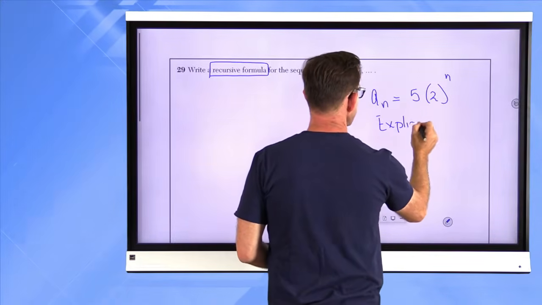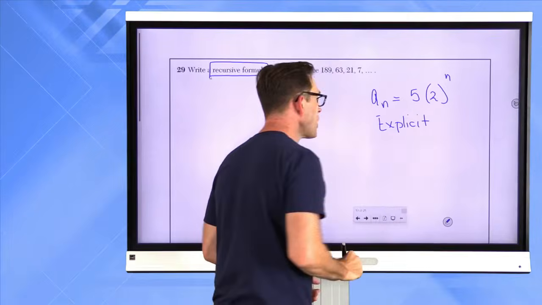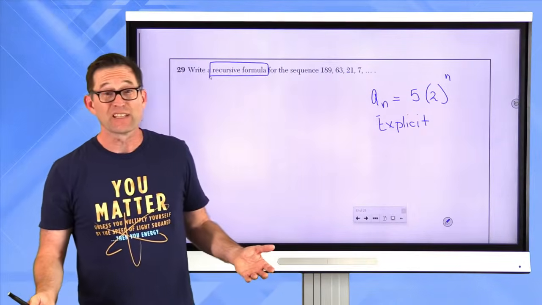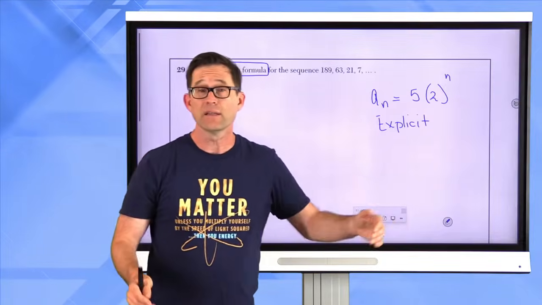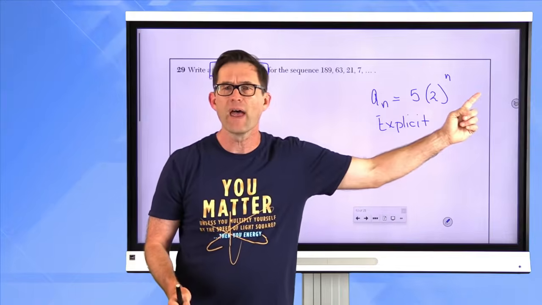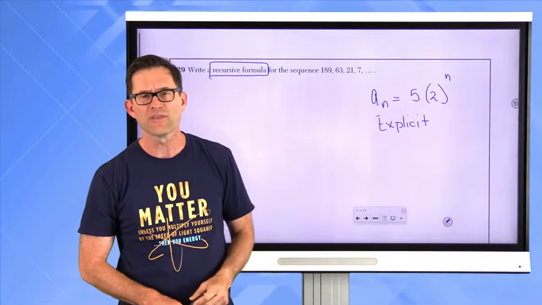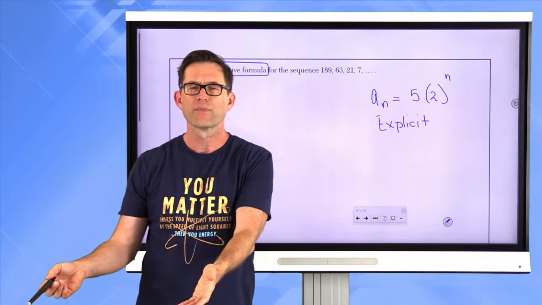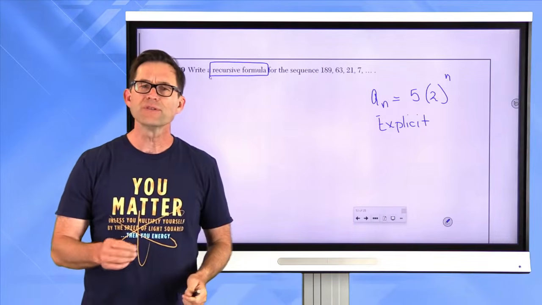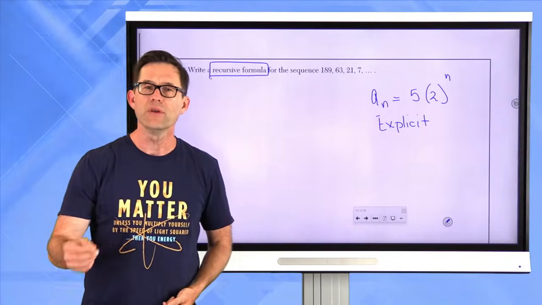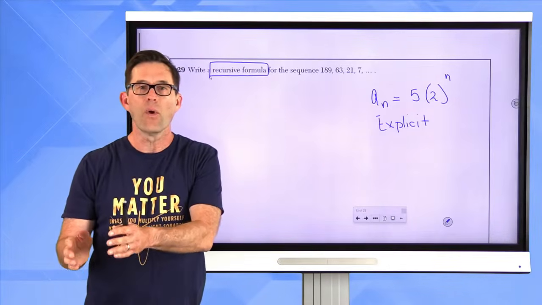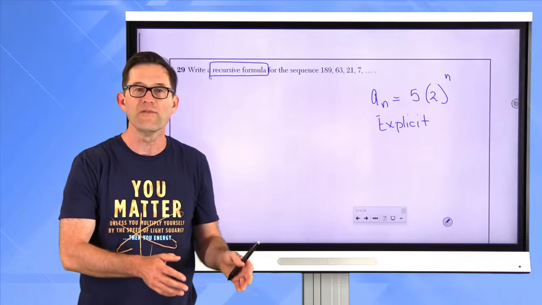That's an explicit formula. Let me write down that word. Explicit. It sounds a little bit questionable, a little bit R-rated. But that is literally what it's called, an explicit formula, because if I asked what's my 10th term, you would just put 10 in for n, do 5 times 2 to the 10th, and you'd get the value. But we want a recursive formula. And a recursive formula basically says, this is how you calculate one value based on previous values.